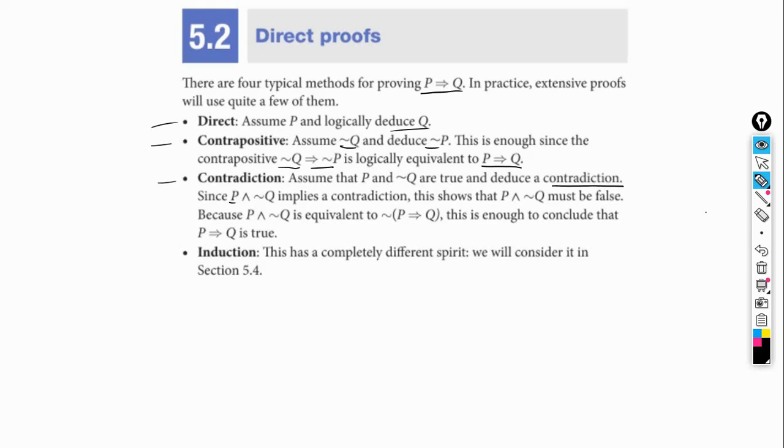Since P and not Q implies a contradiction, this shows that P and not Q must be false. But because P and not Q is equivalent to not (if P then Q), this is enough to conclude that if P then Q is true. And finally, induction, which has a completely different spirit, and we will consider it in section 5.4.